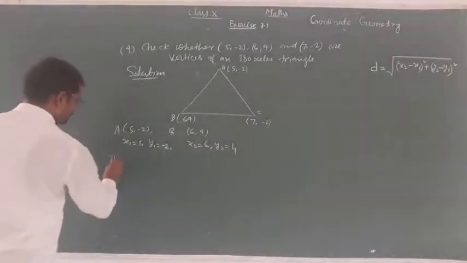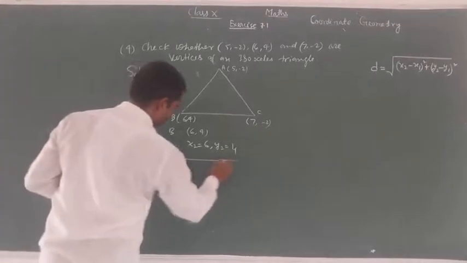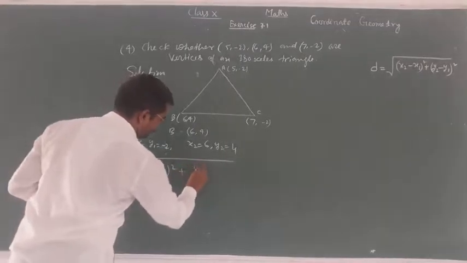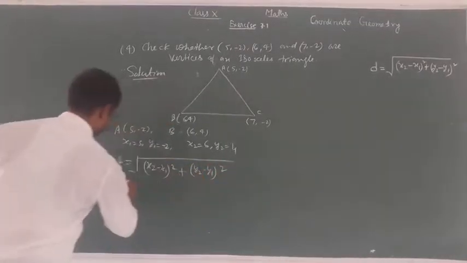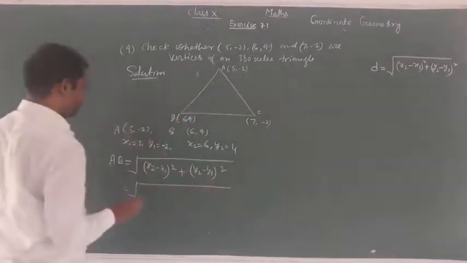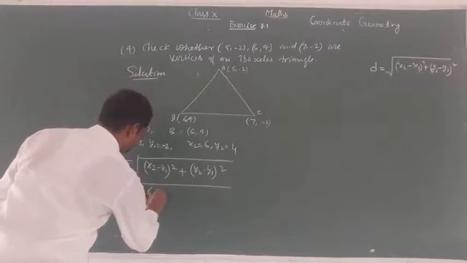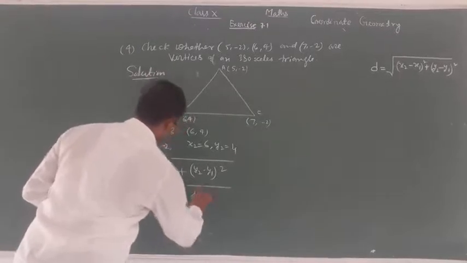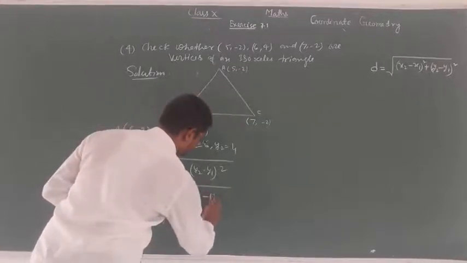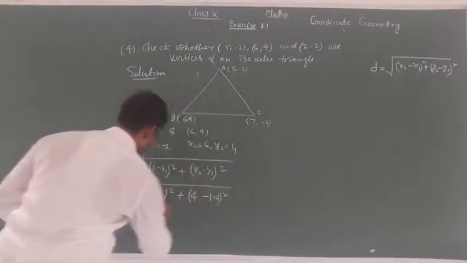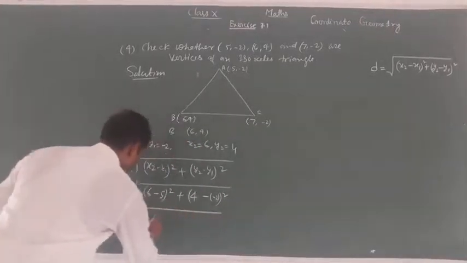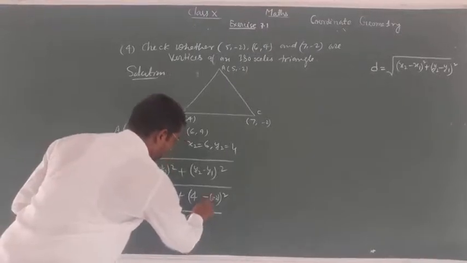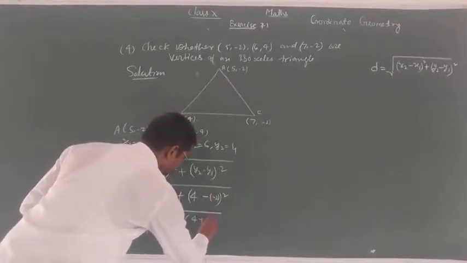So now the distance AB is equal to the square root of (x2 minus x1) squared plus (y2 minus y1) squared. Putting in these values: (6 minus 5) squared plus (4 minus (-2)) squared.